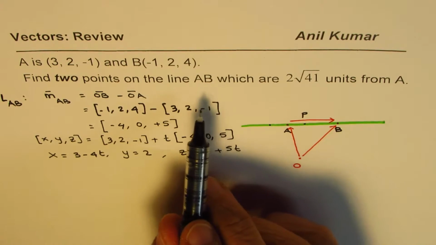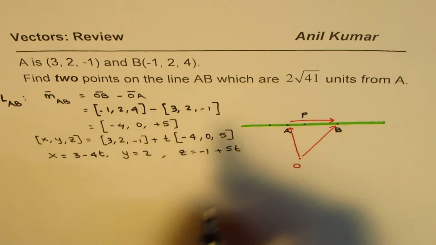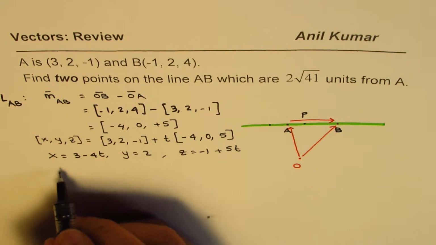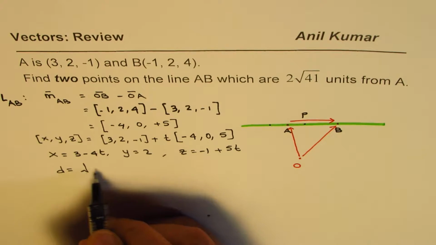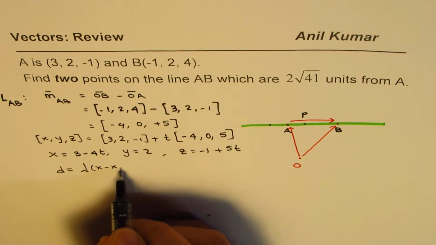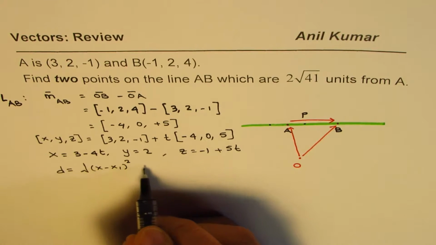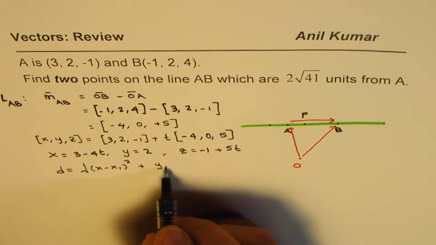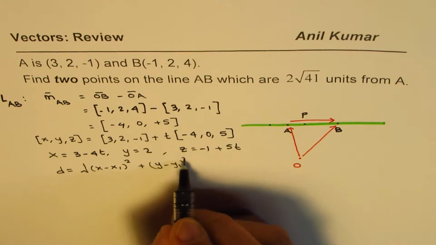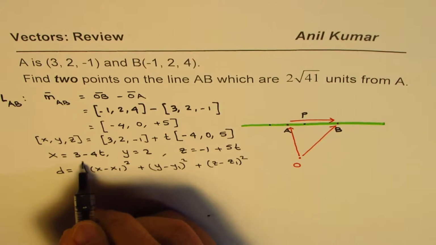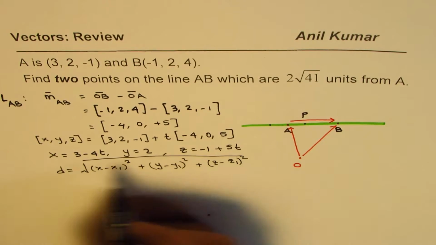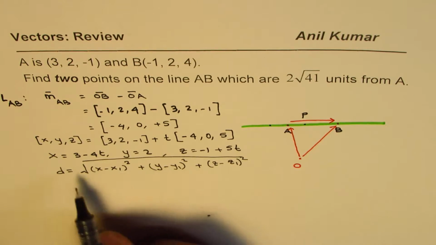Now when I say the distance from A is that much, we use the distance formula: the square root of (x minus x1) whole squared plus (y minus y1) whole squared plus (z minus z1) whole squared. We'll take the absolute value.